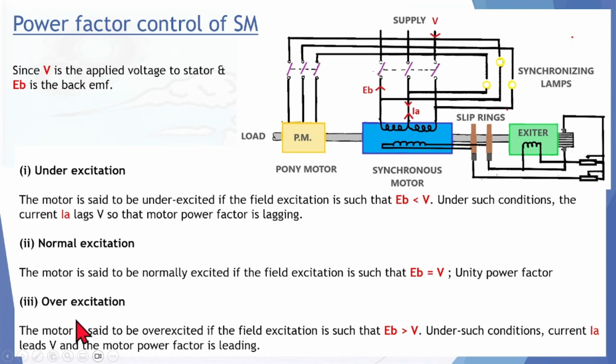And overexcitation: whenever you increase the excitation, EB increases greater than the supply voltage. At that time your current leads the voltage, so the motor is said to be running at a leading power factor, or overexcitation.